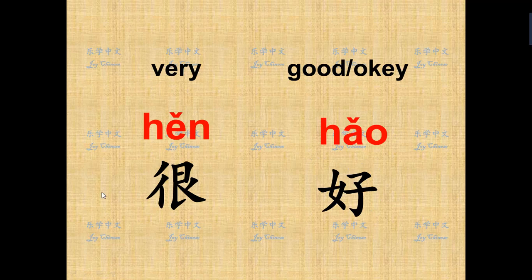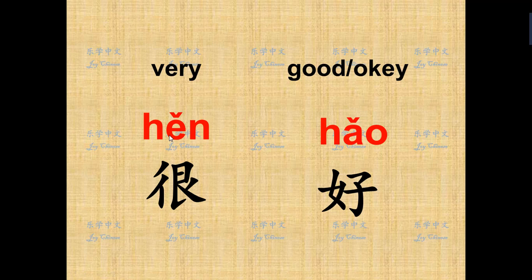The next one is a combination of he and en, third tone. Hen means very. So when you want to compare with something and say something is very good, you say 很 or very hot. We learned hot, right? 很热.